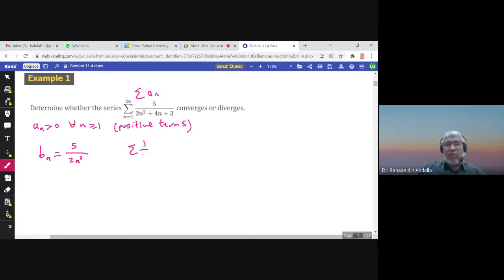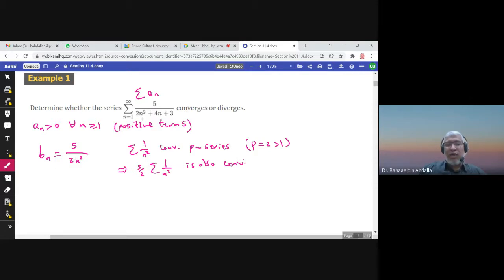We know that summation 1 over n square is a convergent p series because p is equal to 2 and it's greater than 1. So 5 over 2 times summation 1 over n square is also convergent because it's a multiple of 1 over n square. So summation bn is convergent.